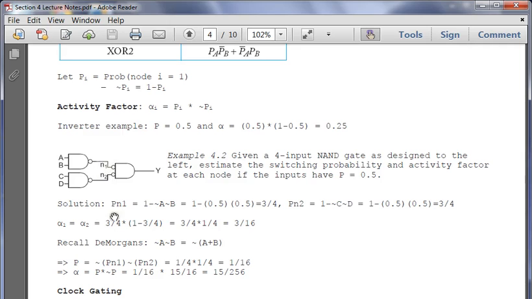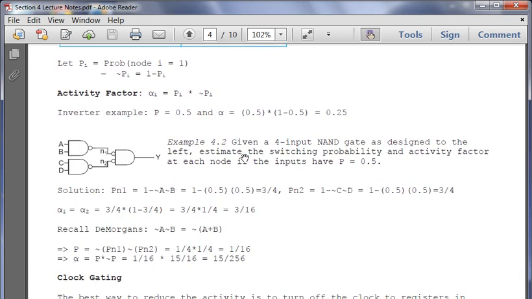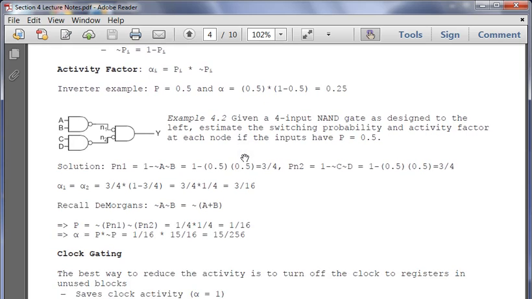Then to simplify this problem, if we recall De Morgan's law again, not A, not B, this circuit becomes not A or B. So then going back up to here, NOR is just not probability of A times not probability of B. So 1 minus 3/4 is 1/4.